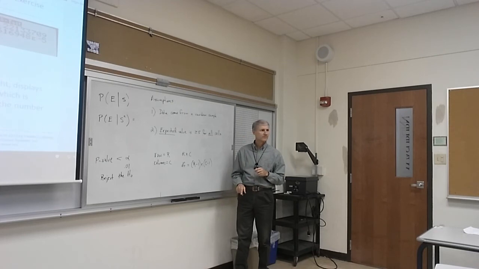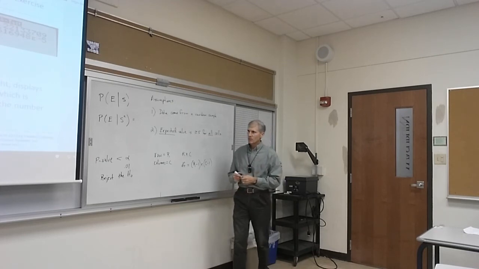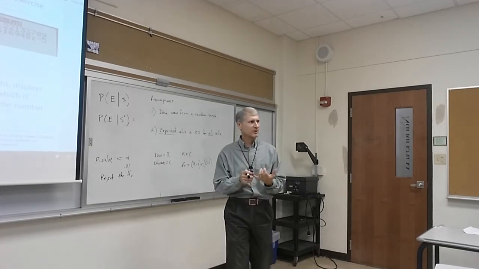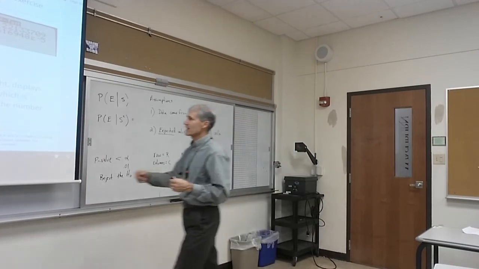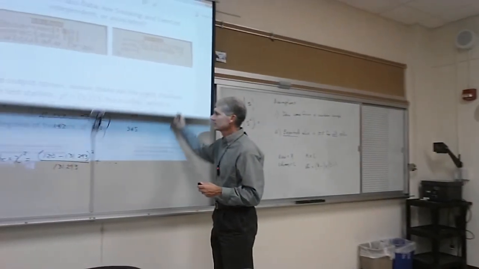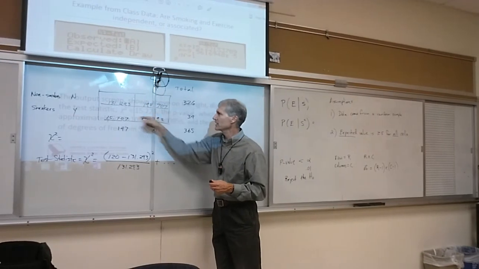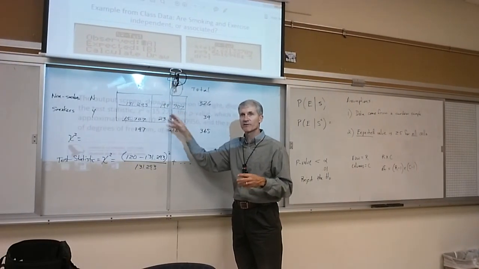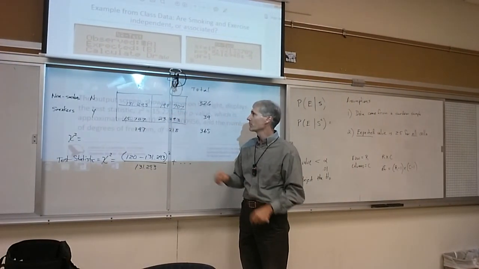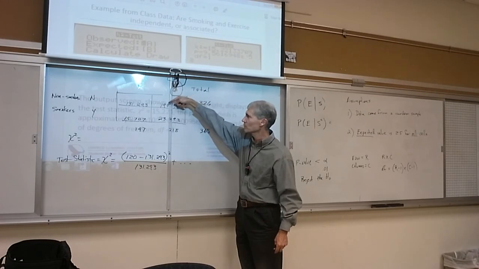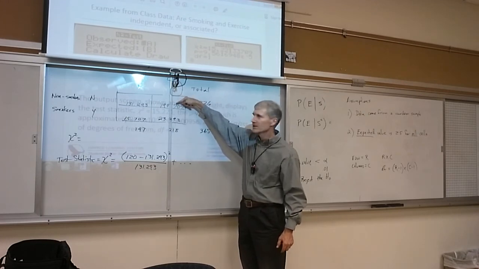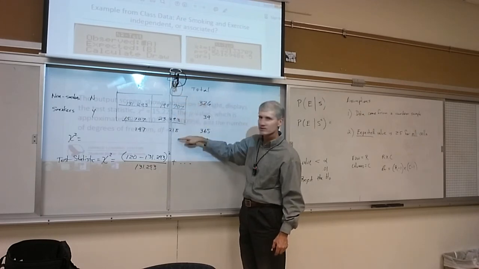or 1 degree of freedom. Right? And what degrees of freedom is simply how many of the cells in the table do I have to fill in before all the rest could be filled in by subtraction. And when I give you one number, if I give you this 194.7, then you can get this one by subtraction.